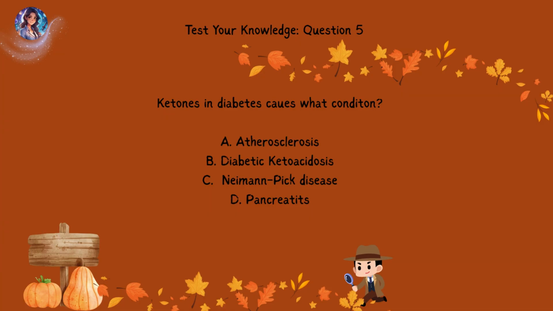And so why can't it be C, Niemann-Pick disease? Well, because that disease is a lipid storage disorder, and ketones are not part of that disorder because it's a disorder because of defective NPC1, NPC2, and it can also be because of the sphingomyelinase.